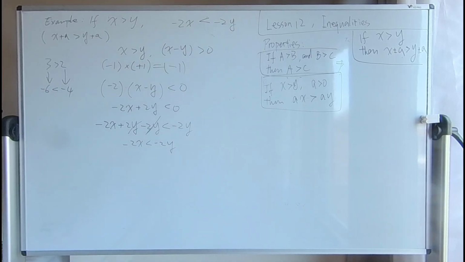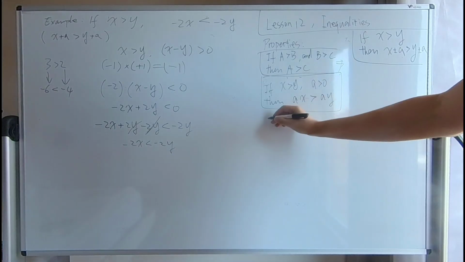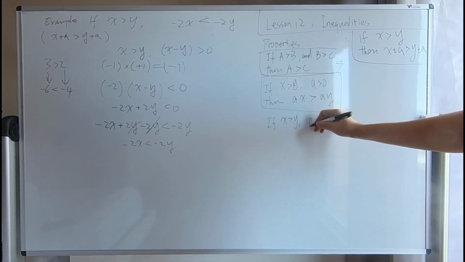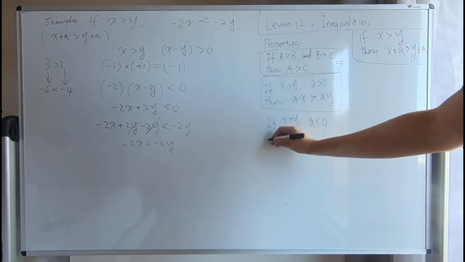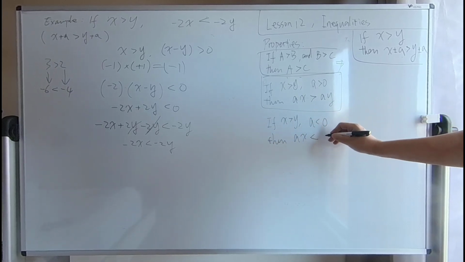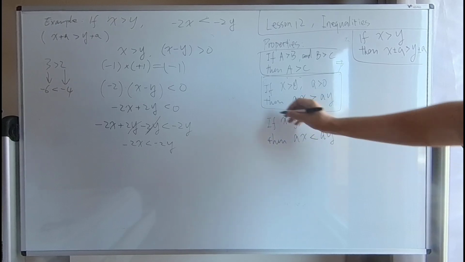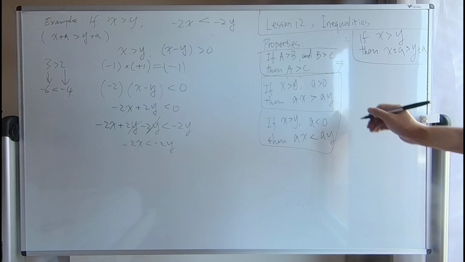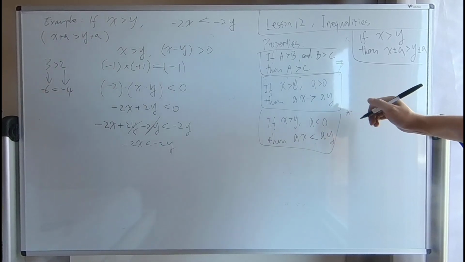So that means if we have x greater than y and a is negative, then ax becomes less than ay. The sign changes.